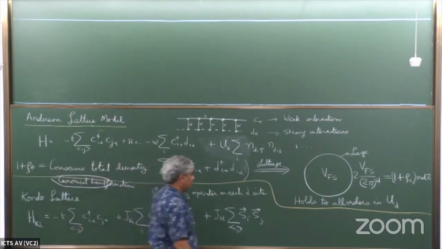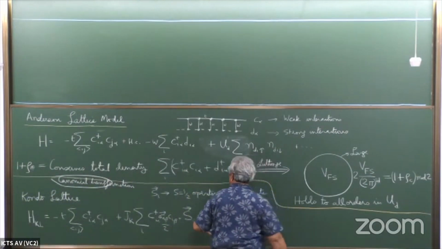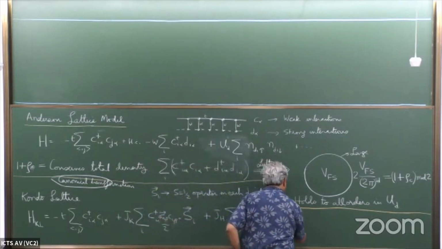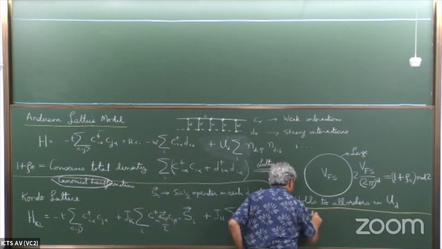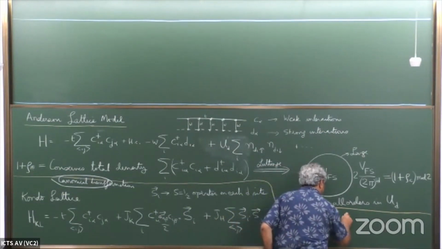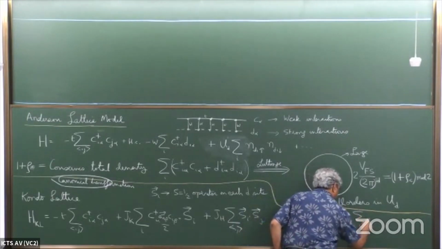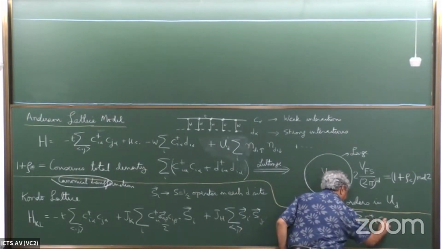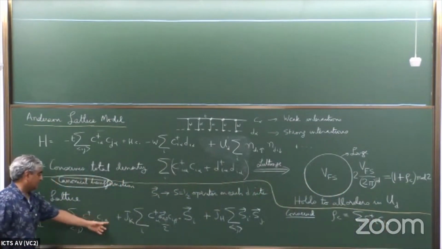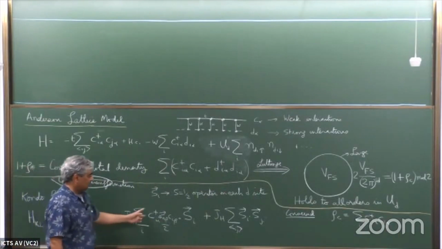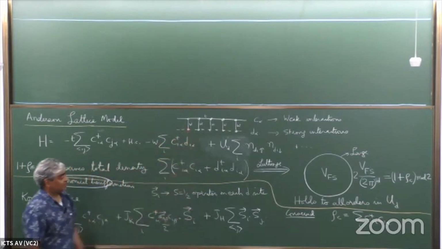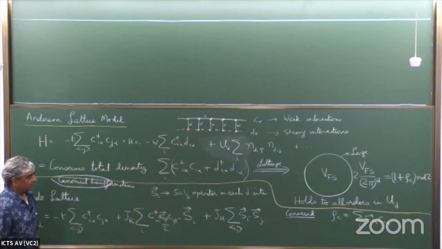So now here, the conserved densities look rather different. There's a conserved total density of electrons in the conduction band, sum on i, C dagger i alpha C i alpha. This commutes with the Hamiltonian because this obviously conserves the total number of electrons, and so does this. So there's no W term anymore. And so now your conserved quantity is the total number of electrons.